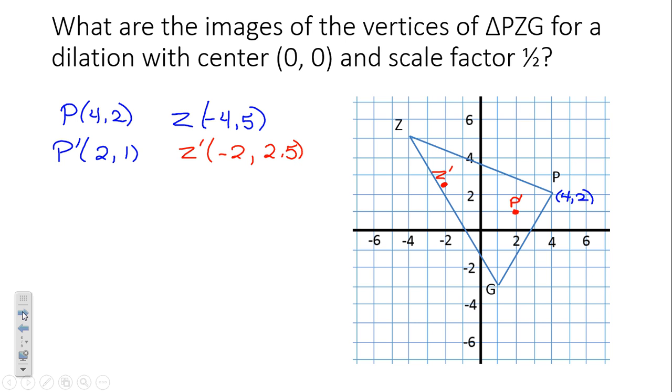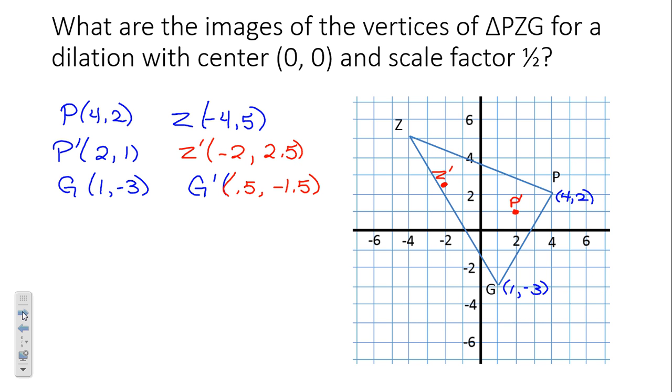Ian, what's my point G? 1, -3. So if G was 1, -3, Brandon, what's G prime going to be? .5, -1.5. Good.